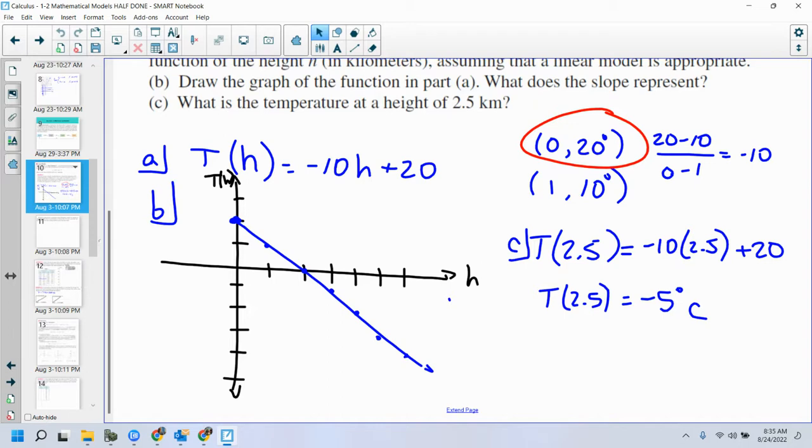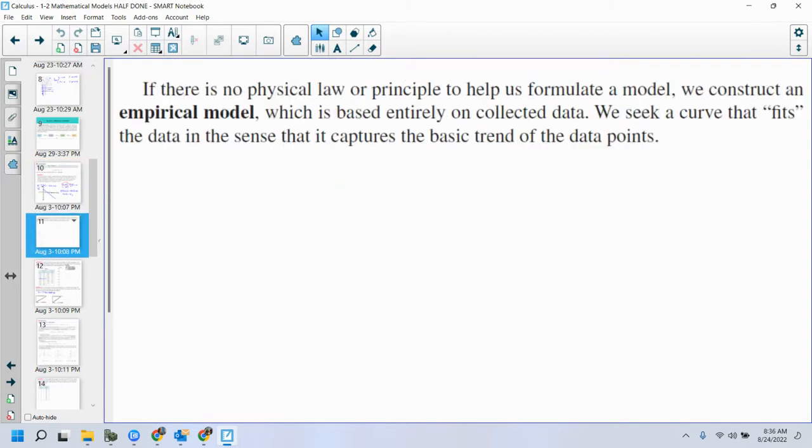This was a formula we created using y equals mx plus b to model the situation. But we said, well, life isn't always as easy as just getting two points and making a line. What happens if this line maybe deviates a little bit away? Well, we can create an empirical model for that.